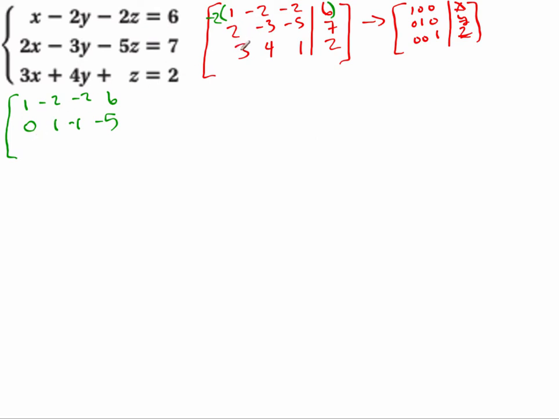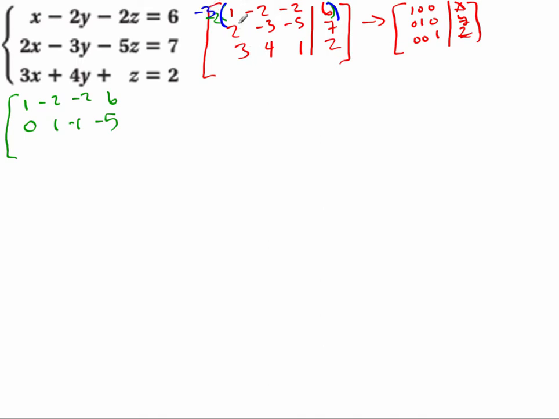What will I do to eliminate the x variable in the third equation? Well, let me do that one in blue. What will I do with that one? I will multiply that one by, what, -3? So what happens if I multiply this whole thing by -3 and add it to the third equation?